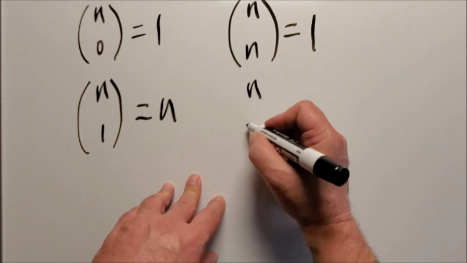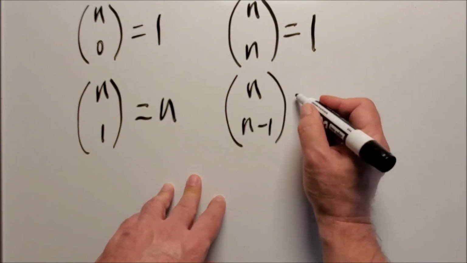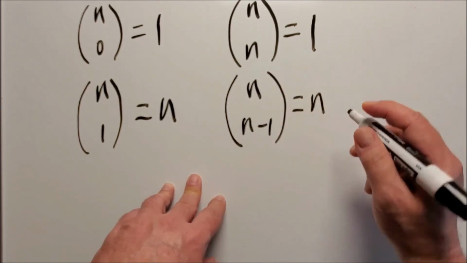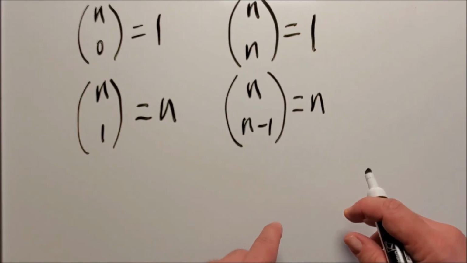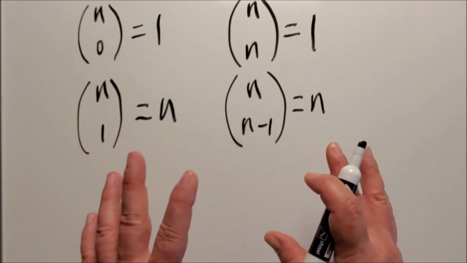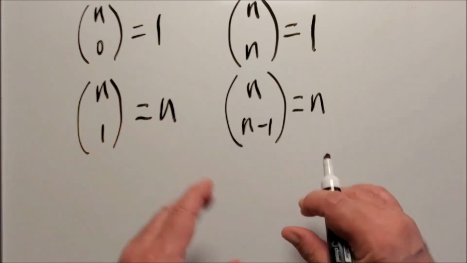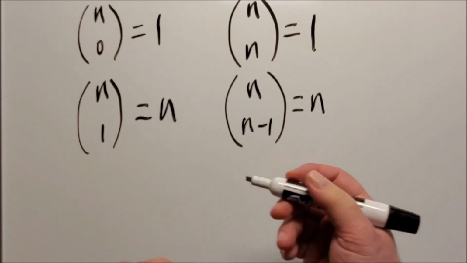N choose n minus 1 is also n. You can prove that. Send me a message if you want me to show how to prove that is true. It's actually kind of a cool, and it's elegant, and it's quick, and it's something interesting. One more thing, by the way.